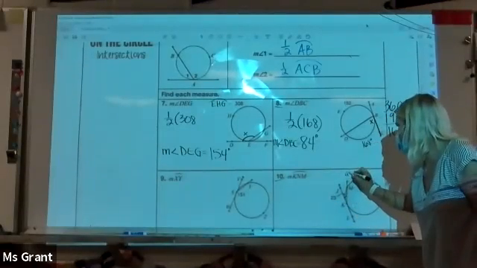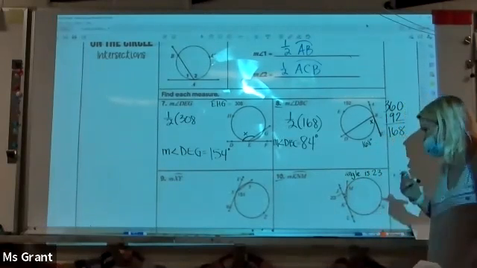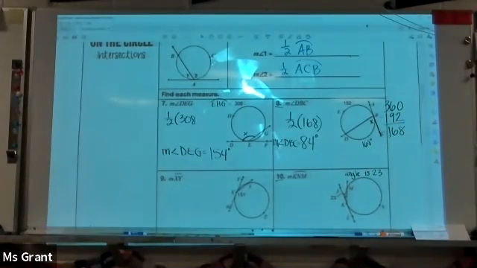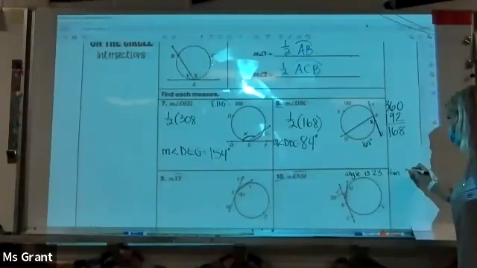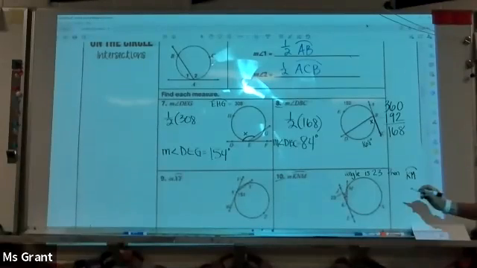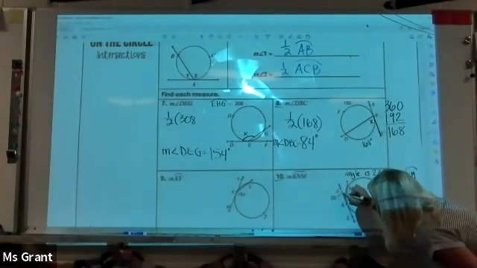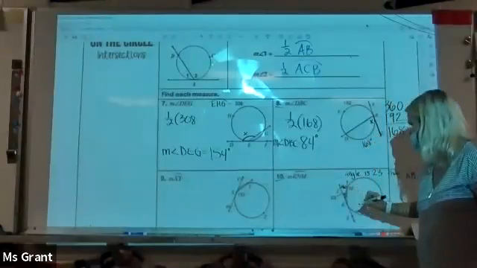So the angle is 23. Okay. So if the angle is 23, then arc KM is how much? Remember, because the angle inside is smaller, the arc is bigger. So if the little angle right here is 23, it's 46. So KM is 46. So 46 is the arc there.